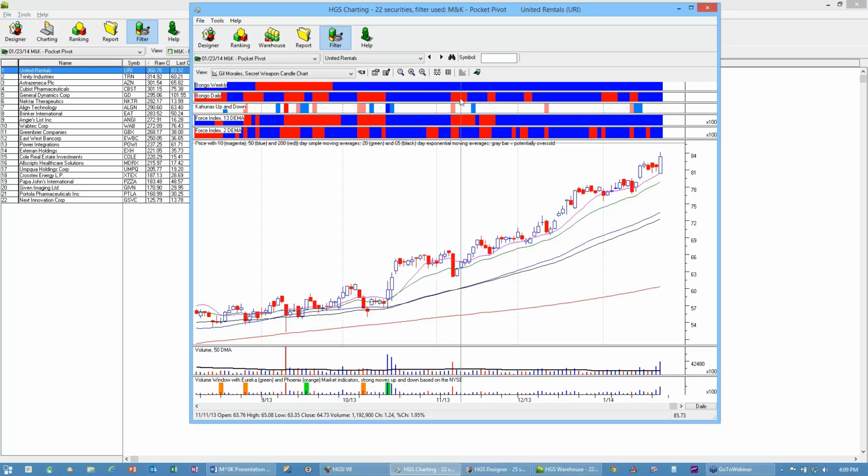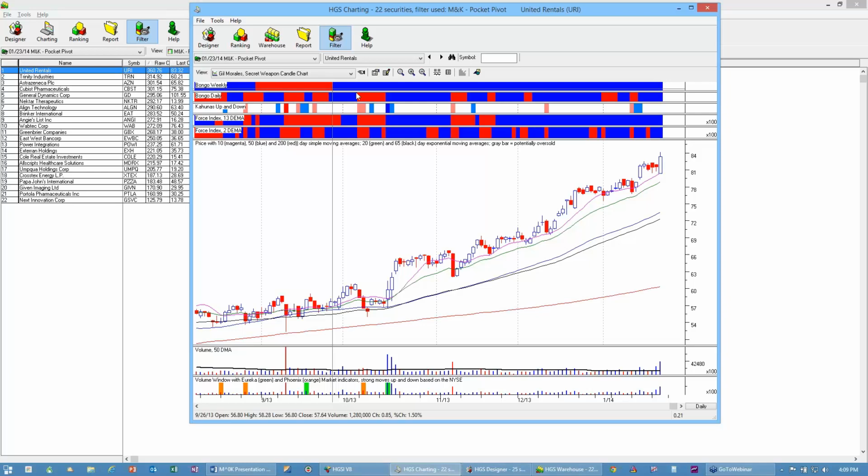Now these two indicators up here work together. They're the Bongo Weekly and the Bongo Daily. These are relative strength indicators. They're the internal relative strength of the security itself. Obviously, the Bongo Weekly is a much longer view of the internal relative strength.